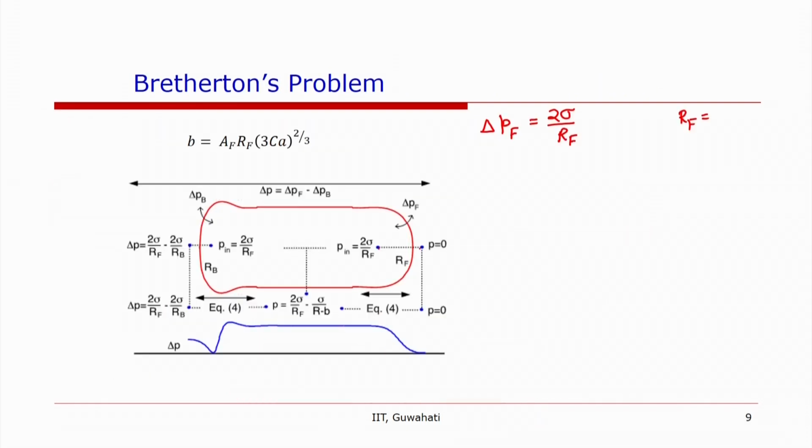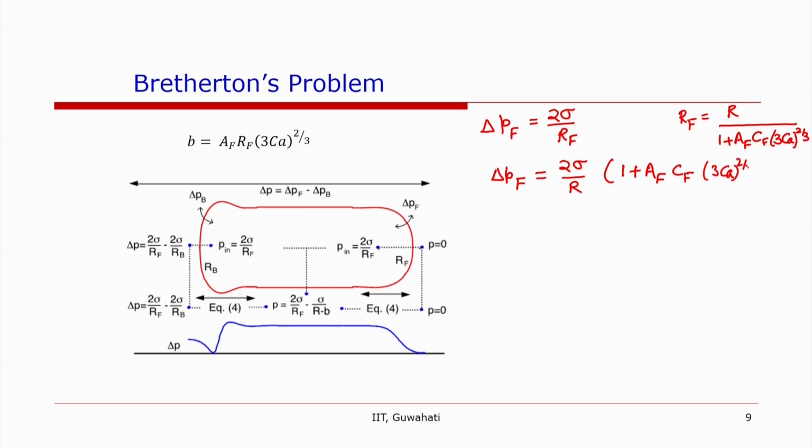So Rf is equal to R over 1 plus Af Cf (3 Ca) raised to the power 2 by 3. So one can write that delta Pf is equal to 2 sigma by R into 1 plus Af Cf (3 Ca) raised to the power 2 by 3.